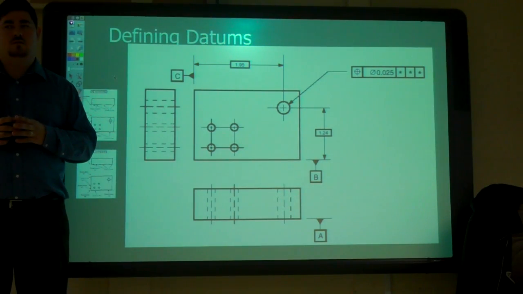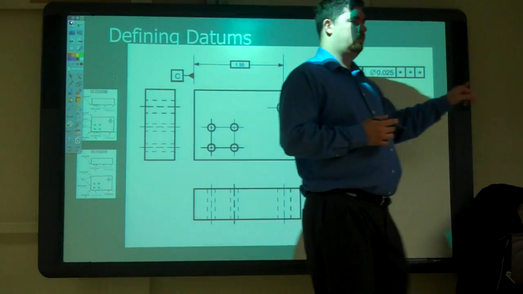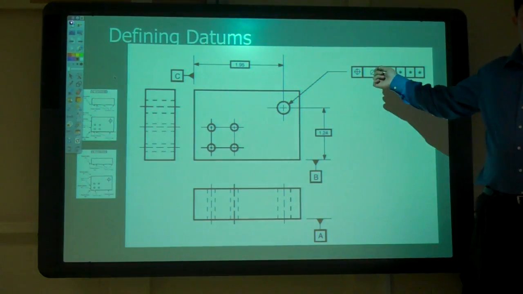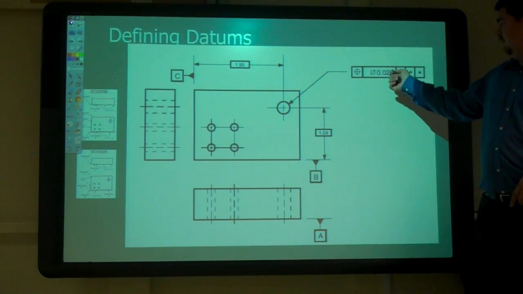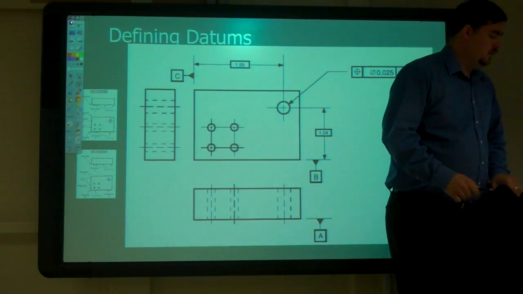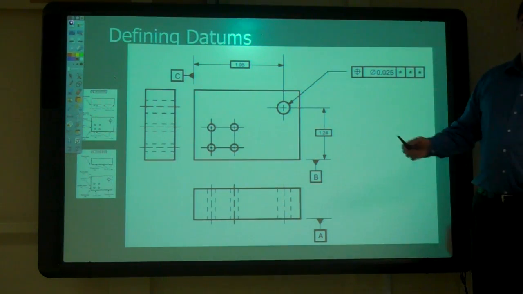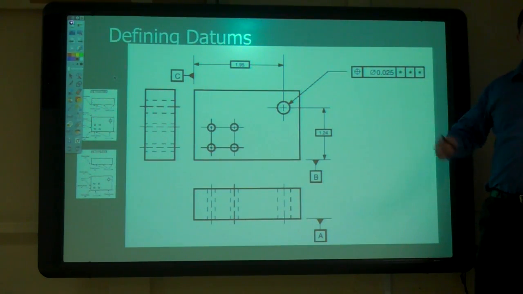B and C. That there are no defined tolerances. There's a defined tolerance right there. No, that's our tolerance. It's just saying that A is not being... Yes, but the three, because we can put up to 3 datum references in here.